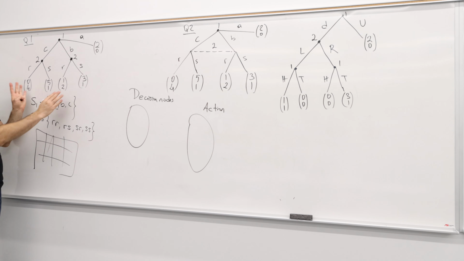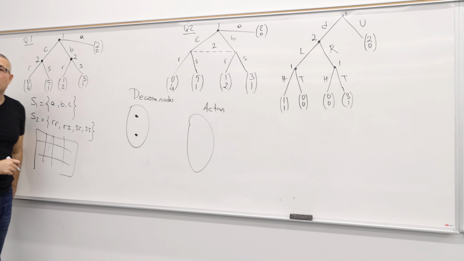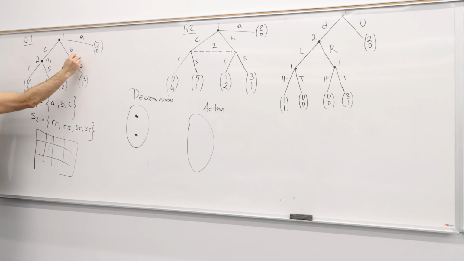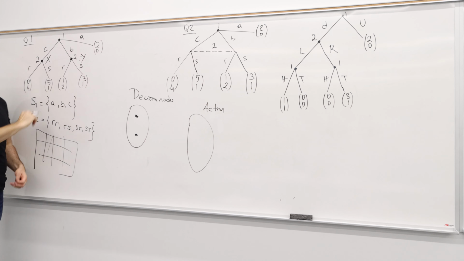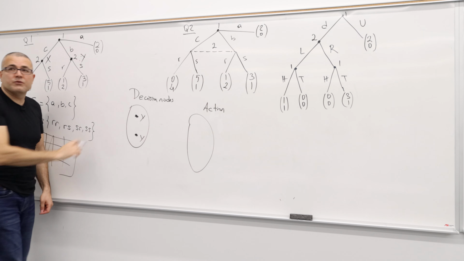So here, player 2 has 2 decision nodes, right? Let's call them X and Y, because I don't want to call it N1, since 1 is the name of the player. So X and Y, these are 2 decision nodes.